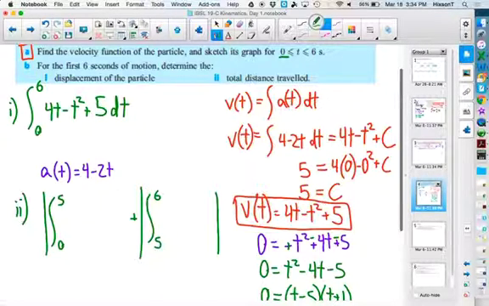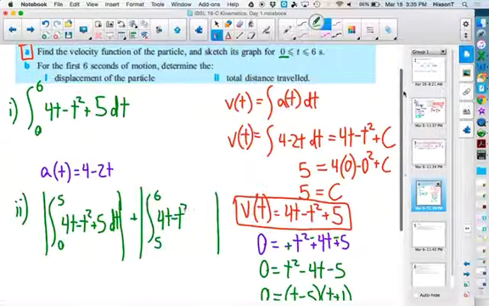We'll take the absolute value of, you guys can wait for 2 seconds to catch the end of this. We've got to take the integral of this from 0 to 5 and take the absolute value, plus the integral here from 5 to 6 of 4t minus t squared plus 5 and take the absolute value.